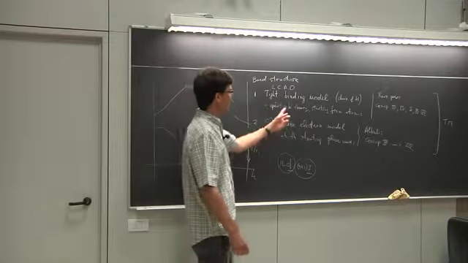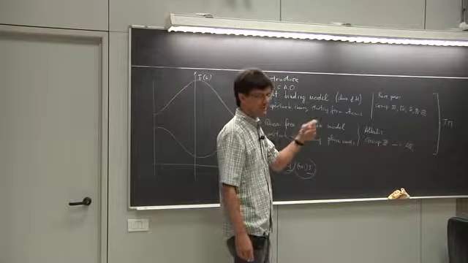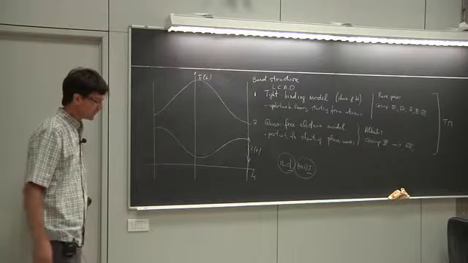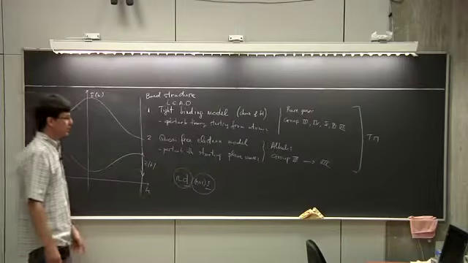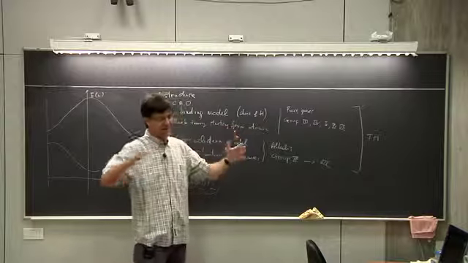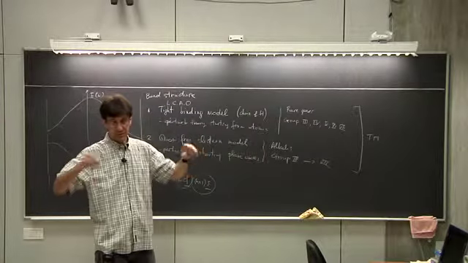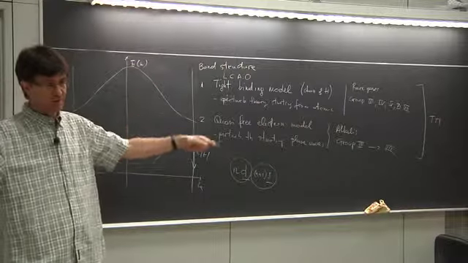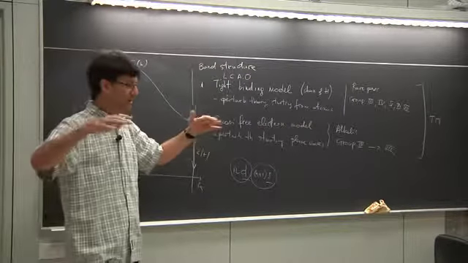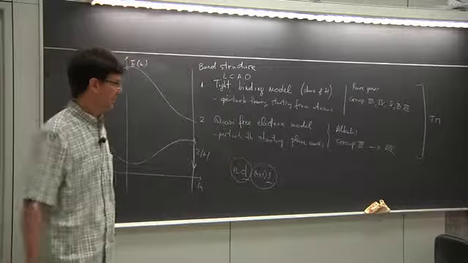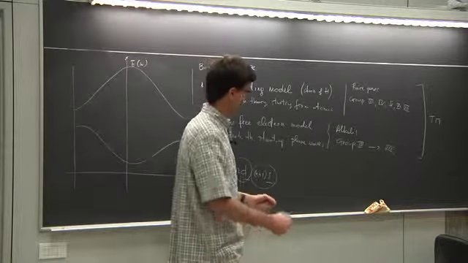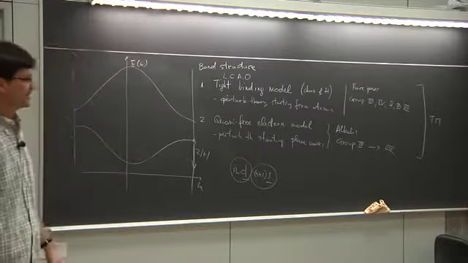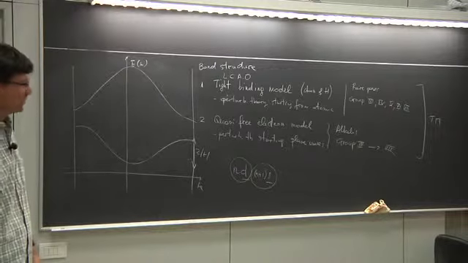There is a systematic way to improve the tight binding model by just increasing the size of the basis set, and of course also extending the range at which you keep these overlaps, because in our model we kept only nearest neighbors, but you can of course keep second nearest neighbors, third nearest neighbors, and so on and so forth. The more you extend the range of overlaps that you keep in the calculation, the more accurate your calculation is going to be. You're going to neglect fewer things from your problem.